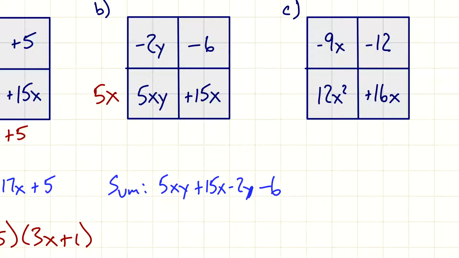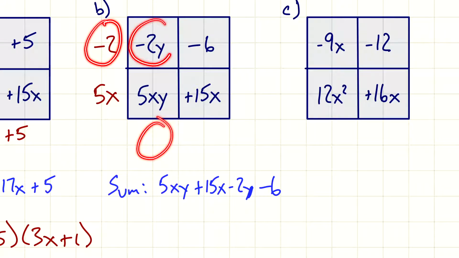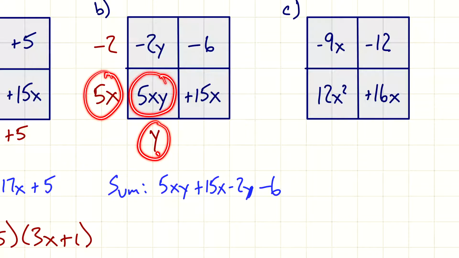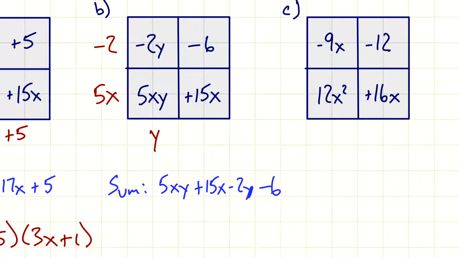I noticed they both have a negative 2. And so to figure out the bottom terms, I'm going to kind of work backwards with multiplication. What number can I multiply to negative 2 to give me negative 2y? Well, the only thing missing there is a y. So that should work on the bottom too. So 5x times y gives us 5xy. That's perfect.